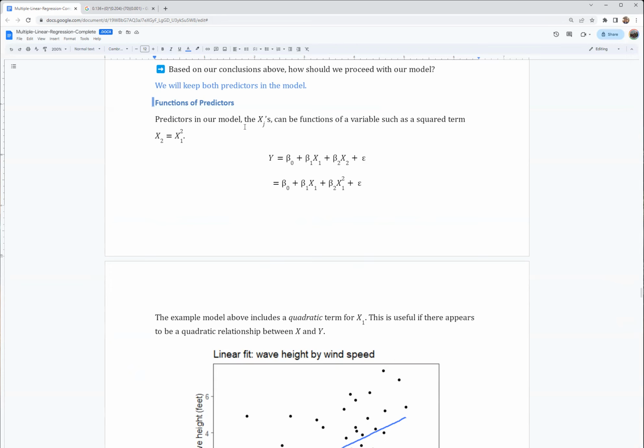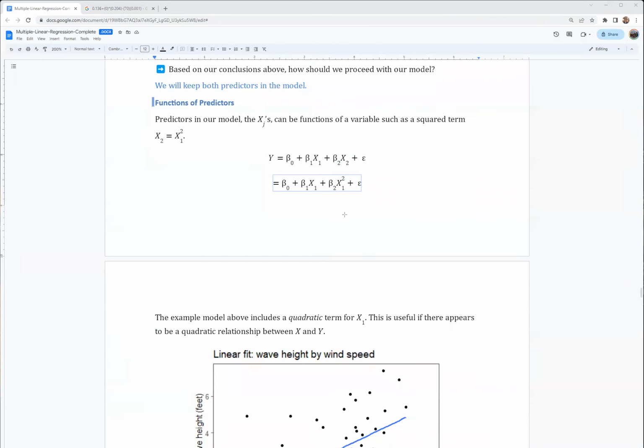So what we do is, for example, in this case with a single predictor, we can fit what's called a quadratic regression model by including a second predictor that's exactly equal to x squared. Okay, and I think it's helpful to think about how this actually looks in the data.